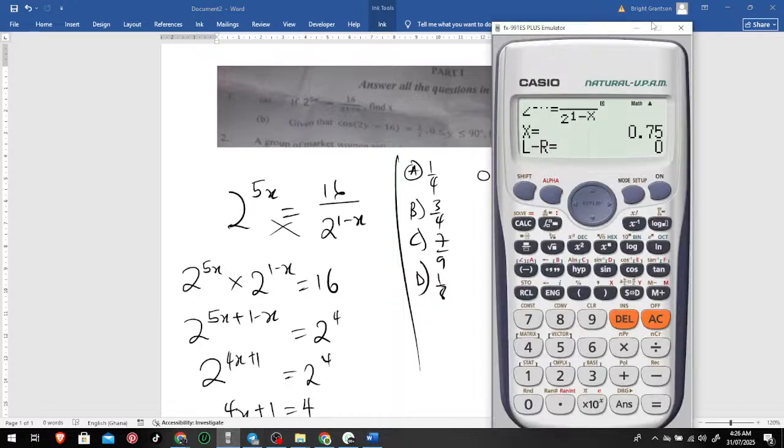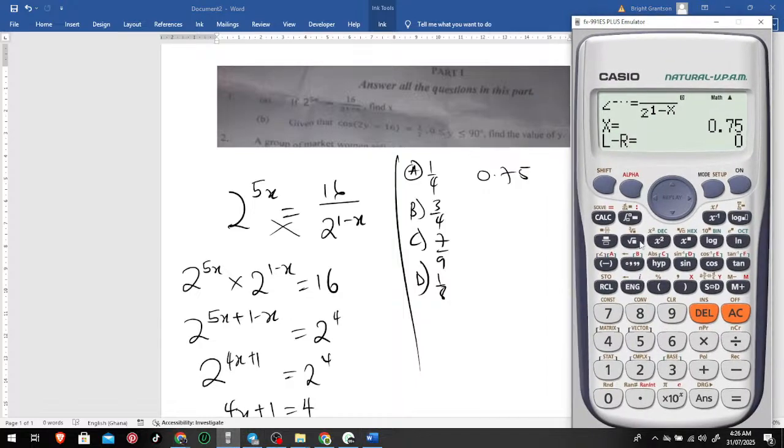The one that gives you 0.75 will become the answer. So you come to your calculator, 1 over 4, press S-D. Is it 0.75? No. Then 3 over 4. Is it 0.75? Yes. Because 3 over 4 is 0.75, that becomes the correct answer.